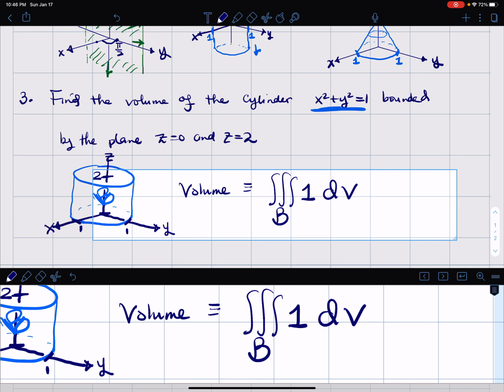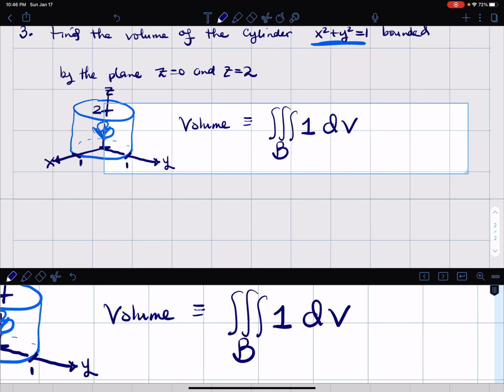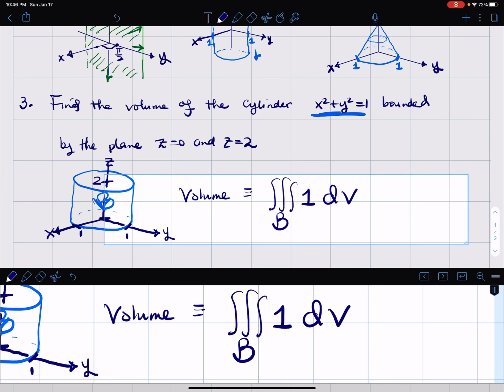Remember, our region of integration is B. When you're looking for the volume of a solid, all you have to do is calculate a triple integral over that volume of the function 1 dV.